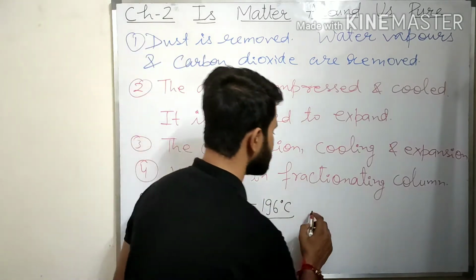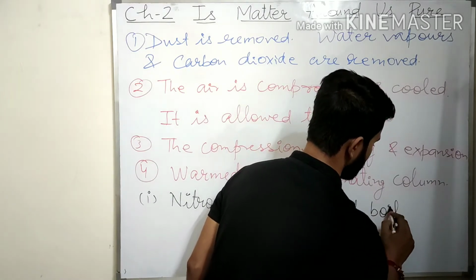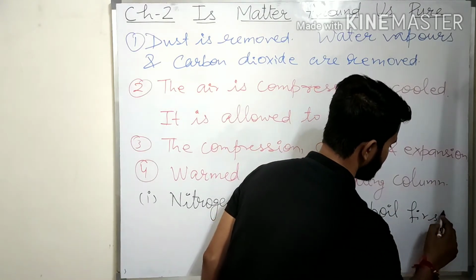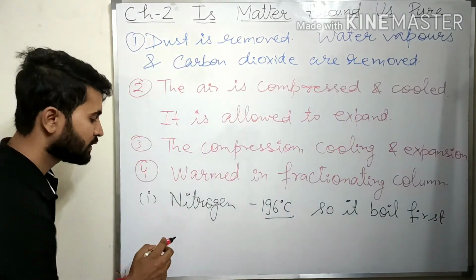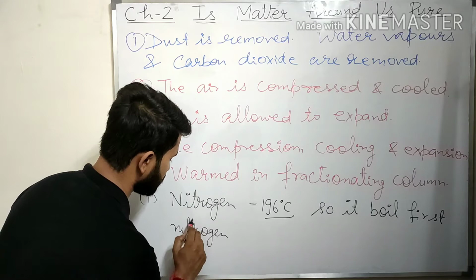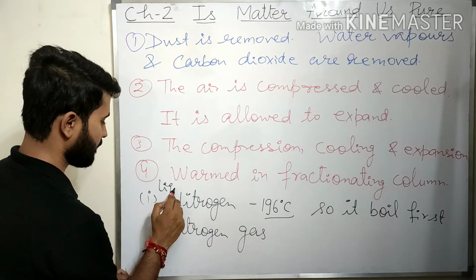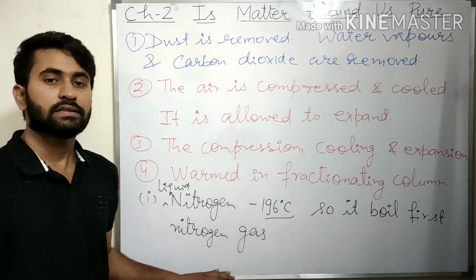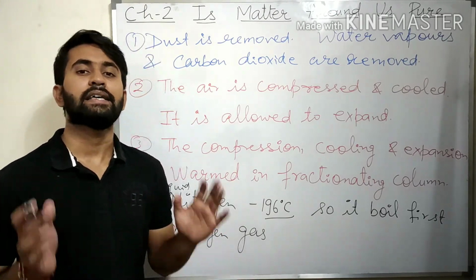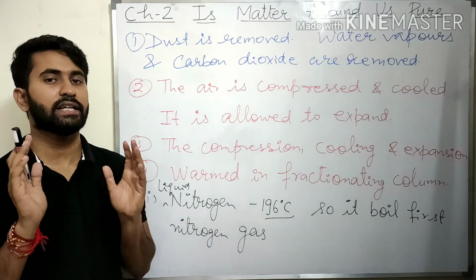So it boils first and converts into nitrogen gas. This nitrogen gas is collected from the top part of the fractionating column.